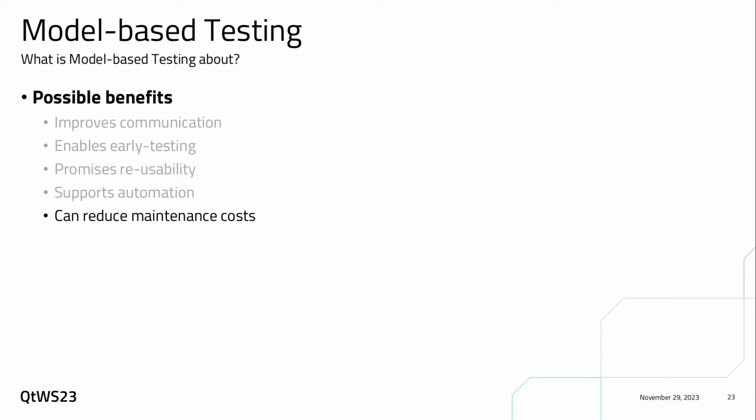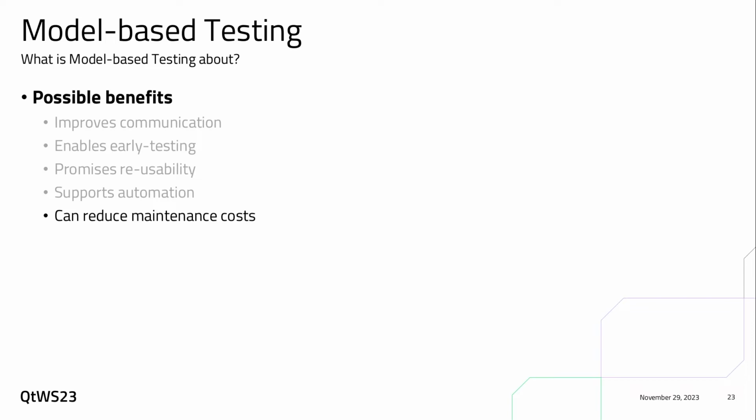The next one is, well, controversial. It can reduce the cost of maintenance. How? How do you think it could reduce the cost of maintenance? When I'm about to first draw, then create models, then create test cases. But wait, you create test cases.